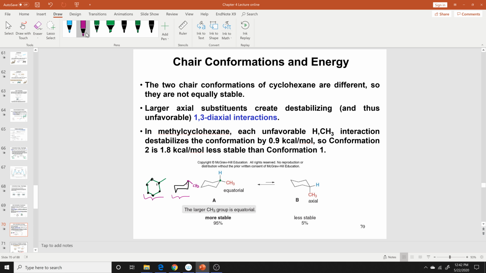To do a ring flip, this carbon which is up is going to be down, so that carbon basically flips. And this carbon was down, I'm going to flip it and make it up.